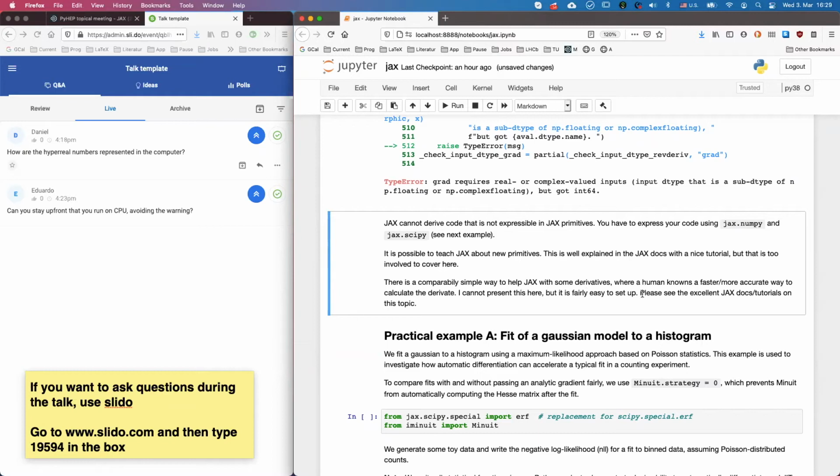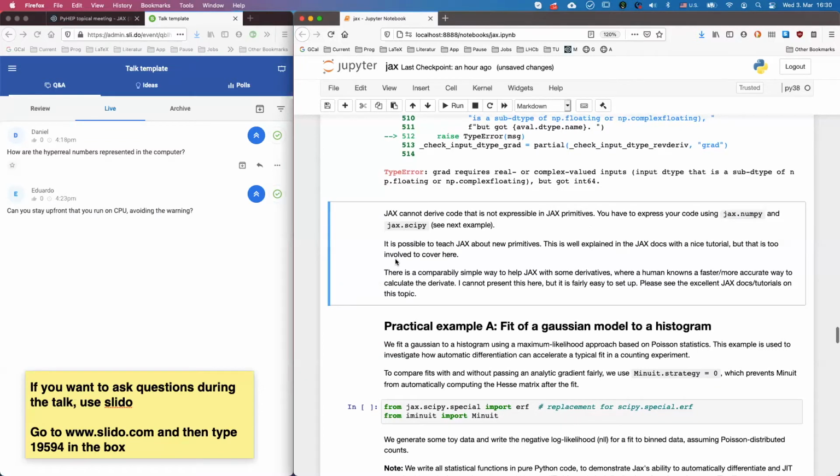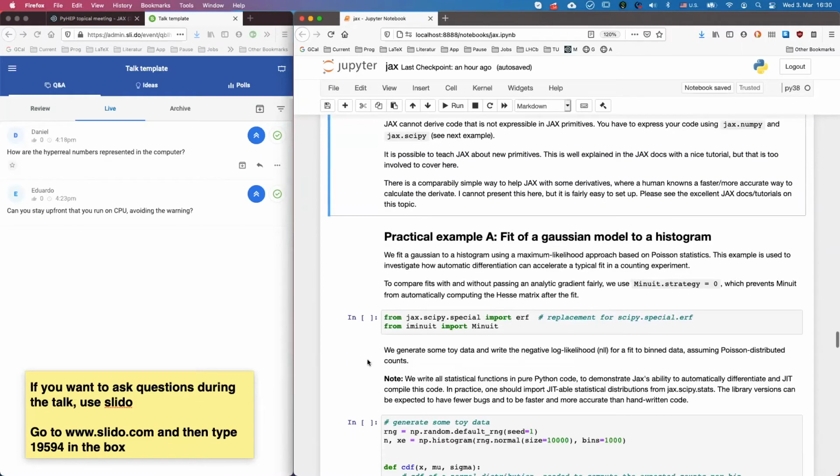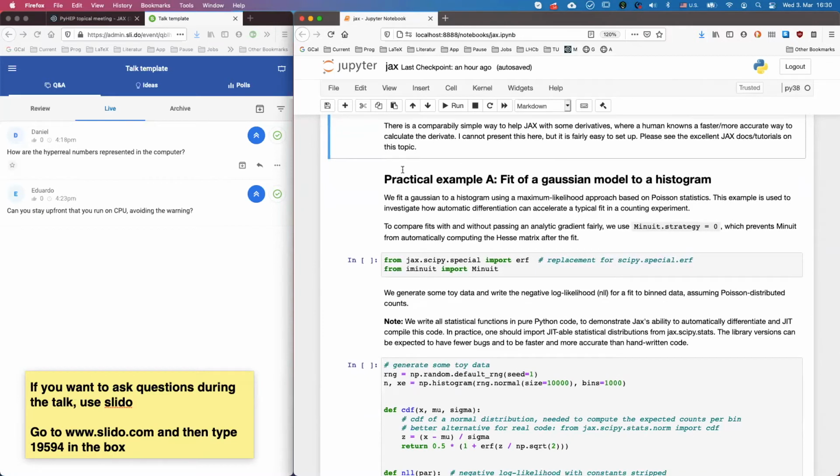But you may know a better or faster or more accurate way of computing the derivative than JAX can figure out with these hyperreal numbers. And there are ways to help it out. But this I would also consider more expert level. So normally you don't need to do this, I hope. I didn't run into the problem yet that I had to do this. But if you run into this problem, there's a nice tutorial in the JAX documentation on how to do this. And it's fairly easy.